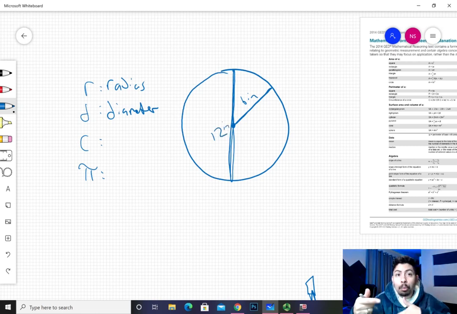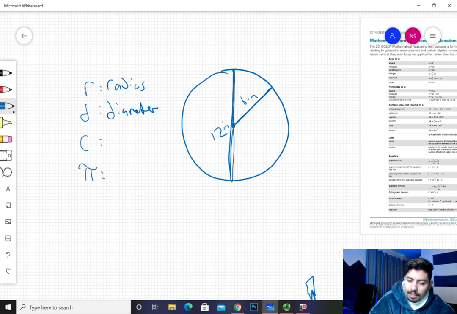It's double the radius. So if you have the radius and they ask for the diameter, you just double it. If they give you the diameter and ask for the radius, you know the radius is half of the diameter. So if they gave you 12, you know the radius is 6.